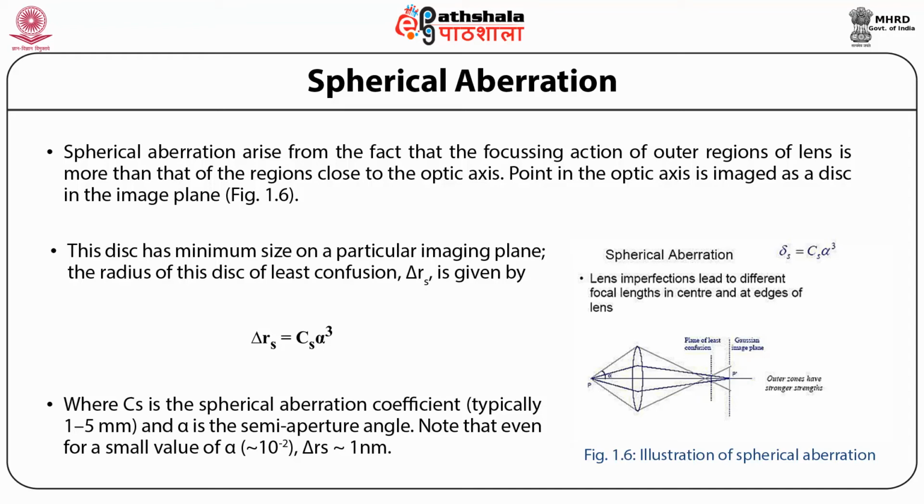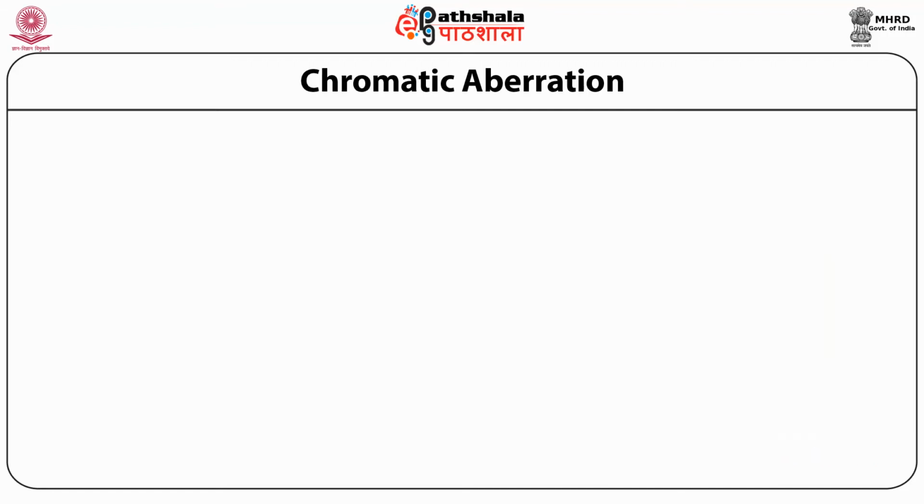Note that even for a small value of alpha, that is around 10 raised to minus 2, delta Rs is equivalent to 1 nanometer. Next type of aberration is the chromatic aberration.